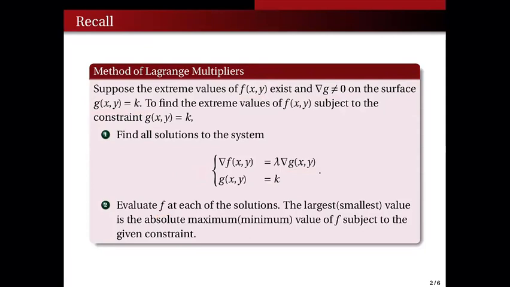And of course, the largest value will become the absolute maximum, and the smallest value will become the absolute minimum of the function f, given this constraint g of x comma y equals k.